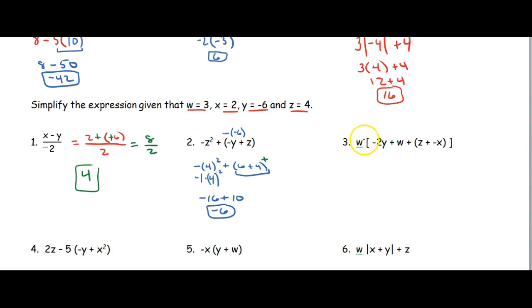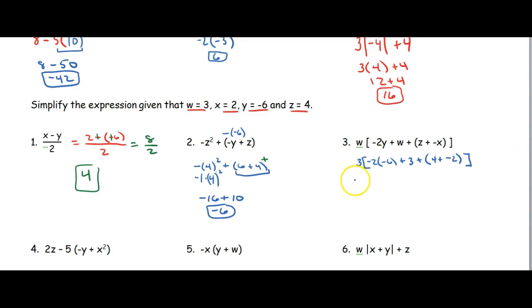Okay? So now, w, we're going to replace with 3 times negative 2 times, in parentheses, negative 6, plus, we're going to replace w with 3, plus, in parentheses here, we have 4. Now, plus, alright, negative x. If x is 2, when we plug it in, it becomes negative 2.